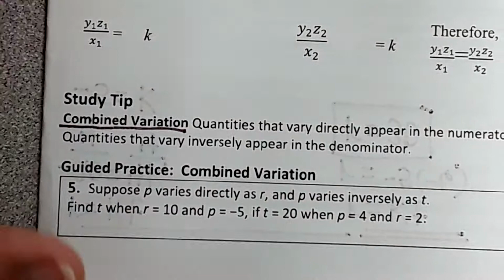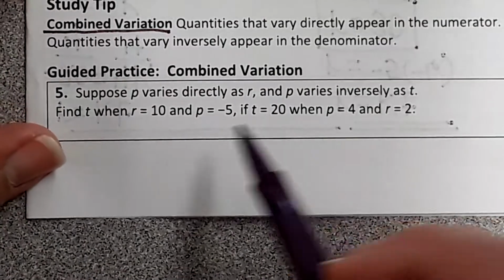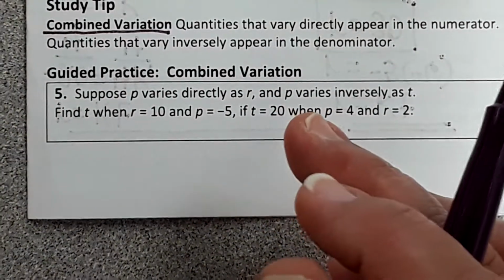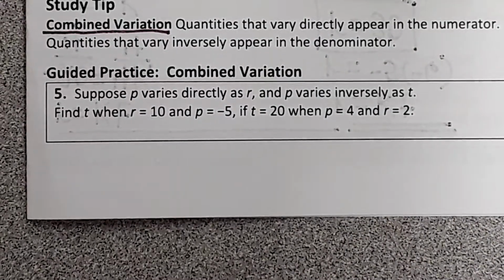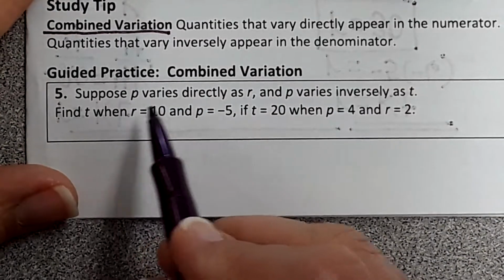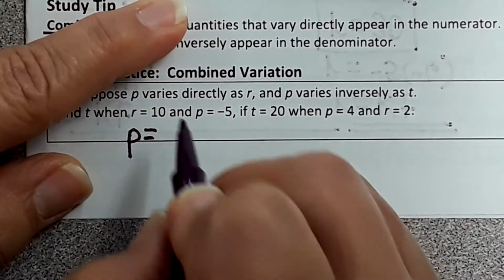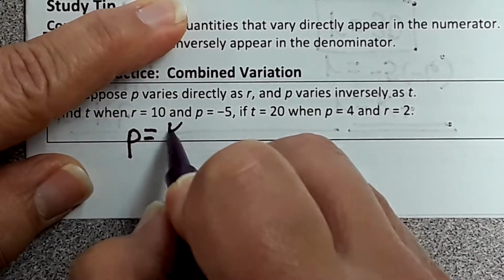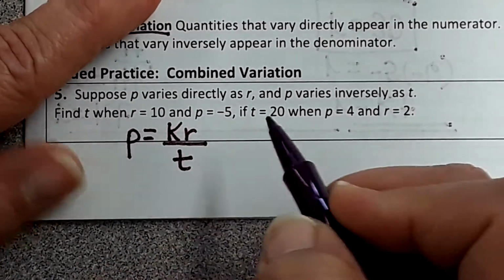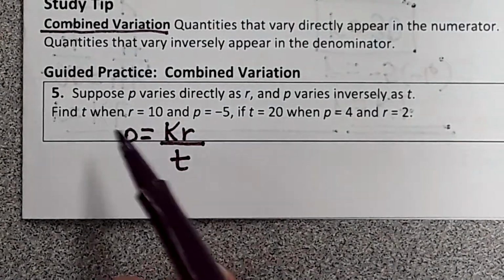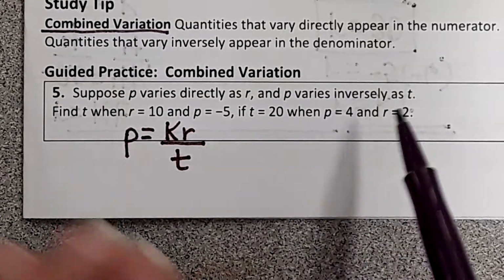Combined variation. This is where we're going to do y equals kx over z. So suppose p varies directly as r. So that means p is going to equal kr. And p varies inversely as t, so that means kr is going to go over t.